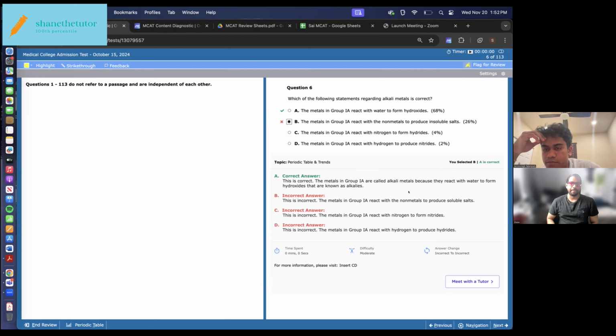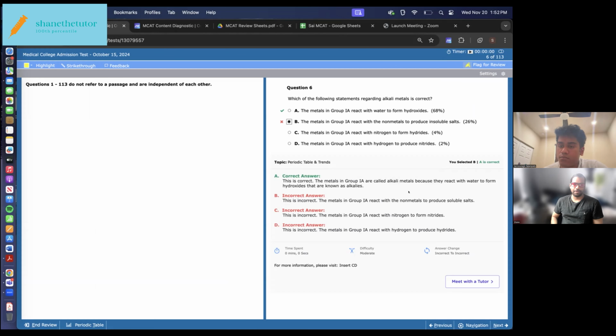Okay. And then why the other three? I kind of just guessed on this. I don't know why the other three answer choices are wrong, I guess. So for B, it says insoluble salts, and that's not the case. They are very soluble, like sodium, lithium, all that stuff.